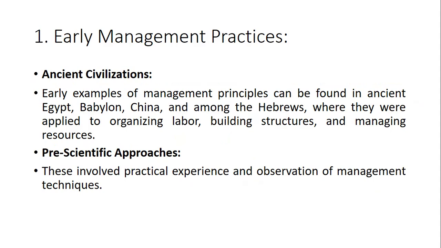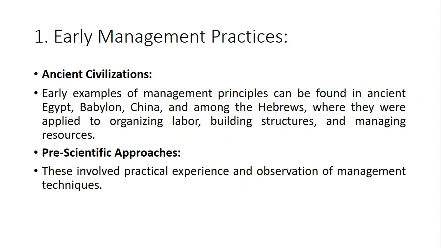Early management practices. Some of the early examples of management principles can be found in ancient civilizations, say Egypt and China. These are the places where they normally followed manual labor and animals for building structures and managing different resources.